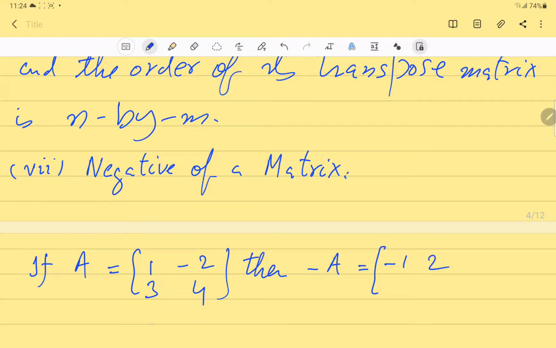Then 3 multiplied by minus 1 is minus 3 and 4 multiplied by minus 1 is minus 4. So this is the negative matrix of the given matrix. The matrix was A, so its negative, minus A, will be as shown here.